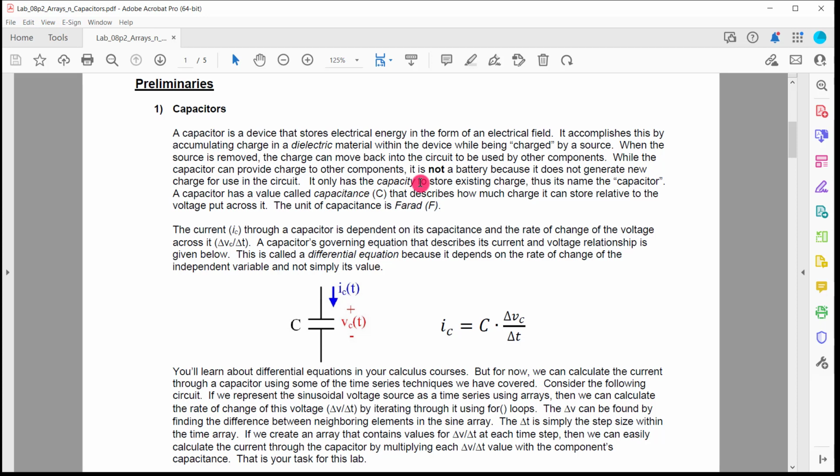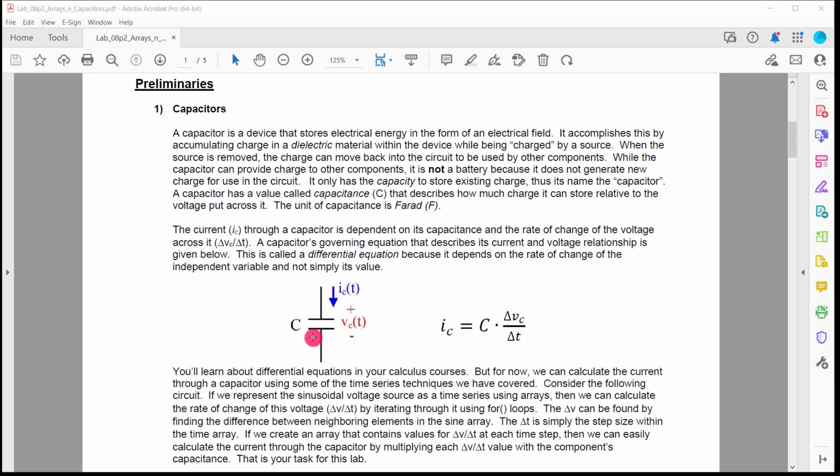However, a capacitor is not a battery. It's a passive device. It does not generate new charge for use in the circuit like a battery or a power supply does. It only has the capacity to store existing charge that was put into the circuit, and that's where the name comes from. If you look at the symbol for a capacitor, it looks like 2 little terminals with 2 plates separated by a dielectric, and we give it the letter C for capacitance.